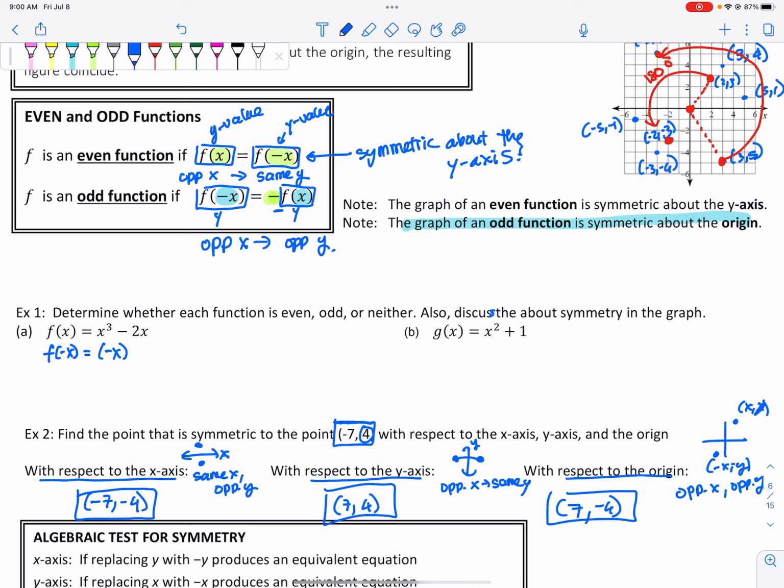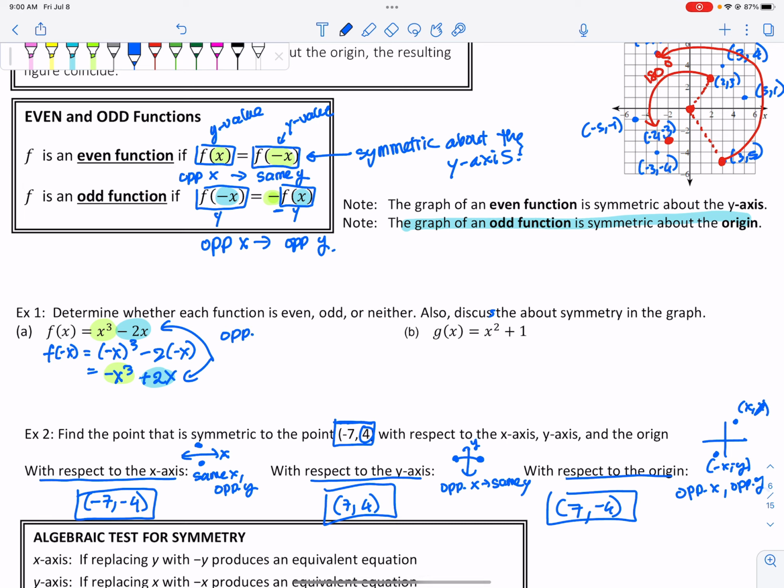Negative x raised to the third, replacing the x with the negative x, 2 times negative x. And then simplify this one. A negative raised to the odd power is going to be negative. And then negative times a negative is going to be a positive. So notice that these terms are opposite. So the outputs are opposite.